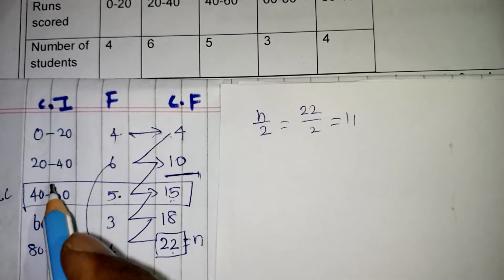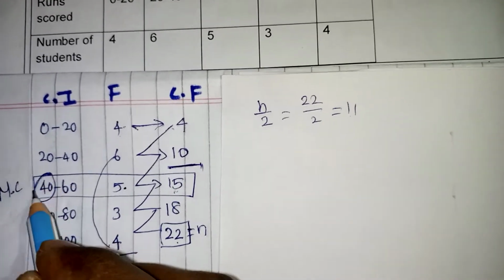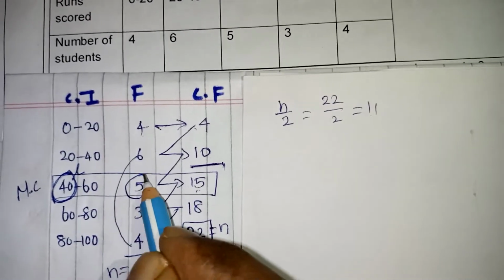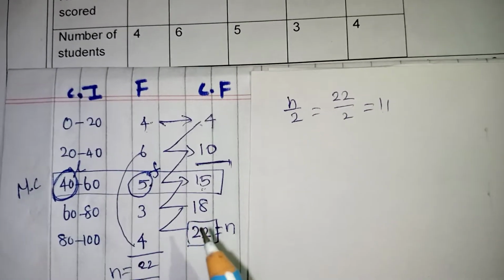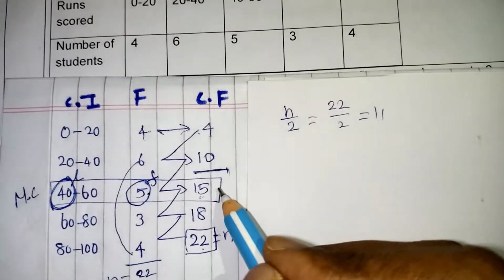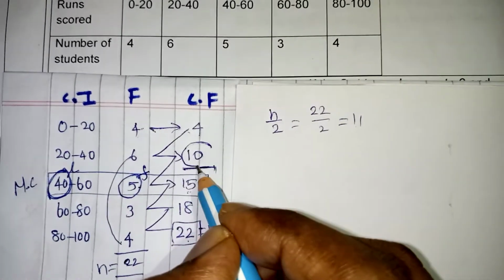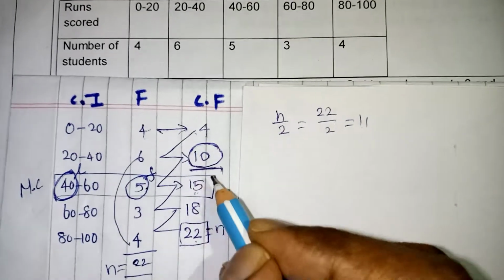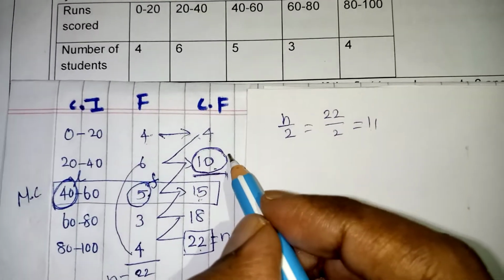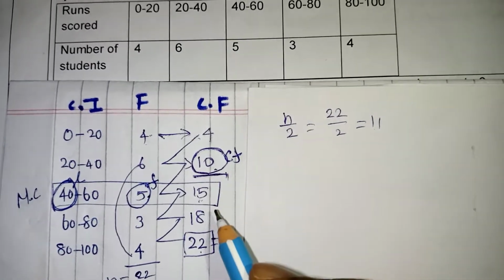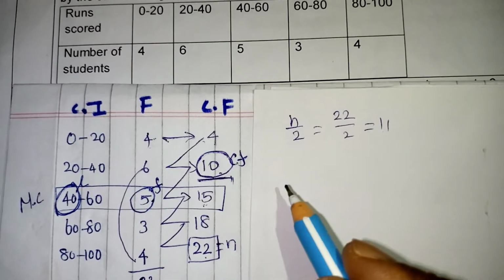In this median class, the class interval lower limit is your L. The number which comes in the f column should be taken as the frequency f. And the CF alone we should not take from the median class. That is the number which helped us to select the median class, the 10. That should be taken as CF. That is, the cumulative frequency of the preceding class of the median class is the CF.